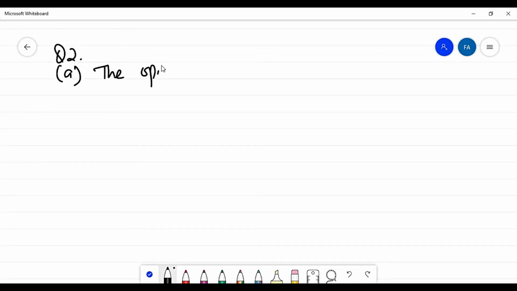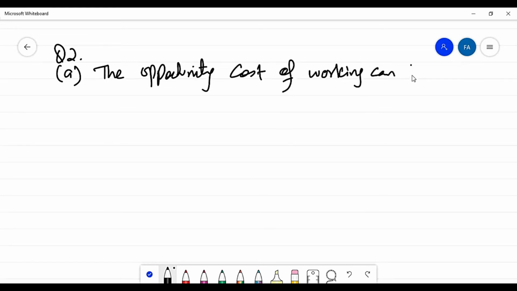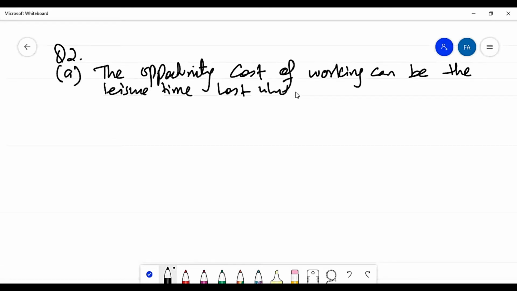The opportunity cost of working can be the leisure time. Leisure time is the entertainment time, the free time lost while working. It is "while", not "white".